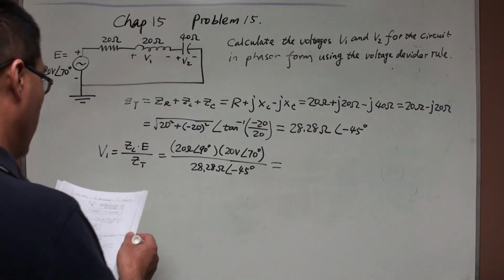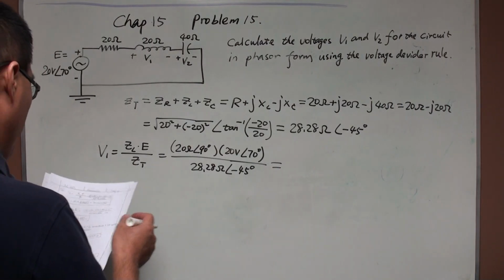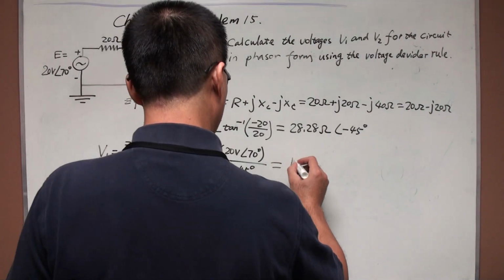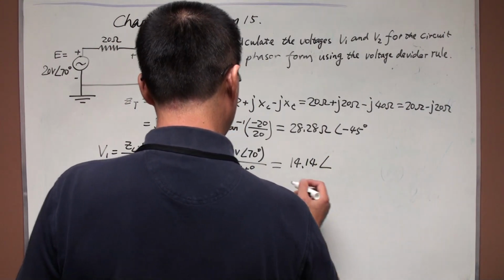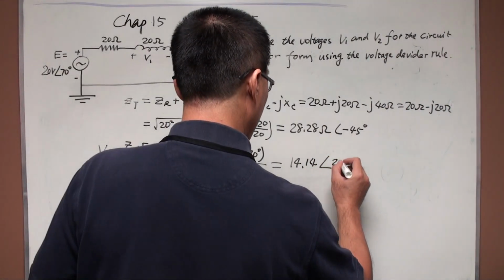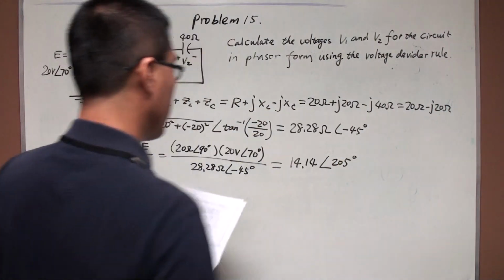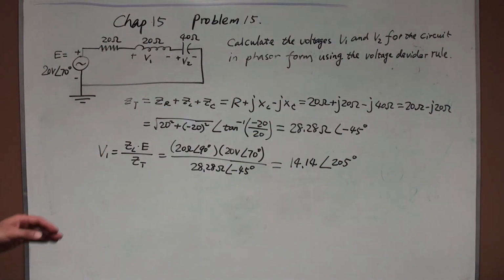So totally you will have 14.14 with 205 degrees. Okay, so that will be the voltage for V1 in phasor form.